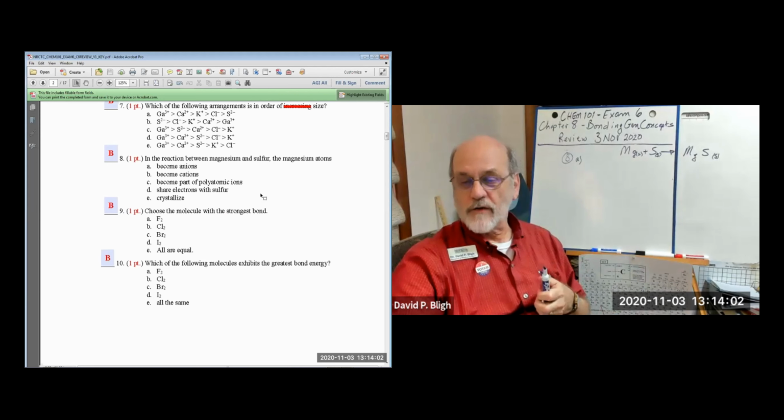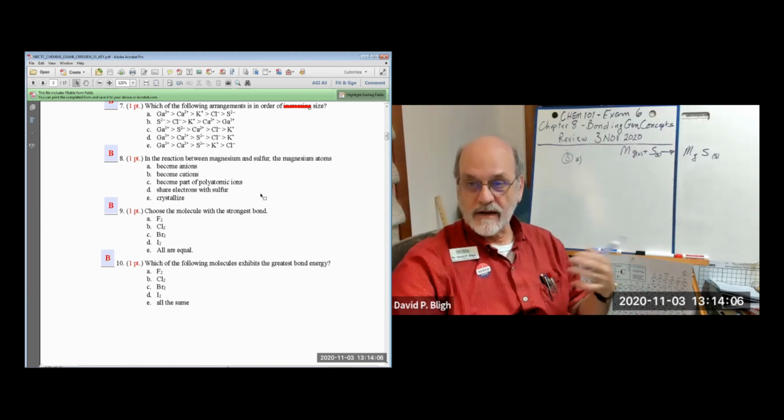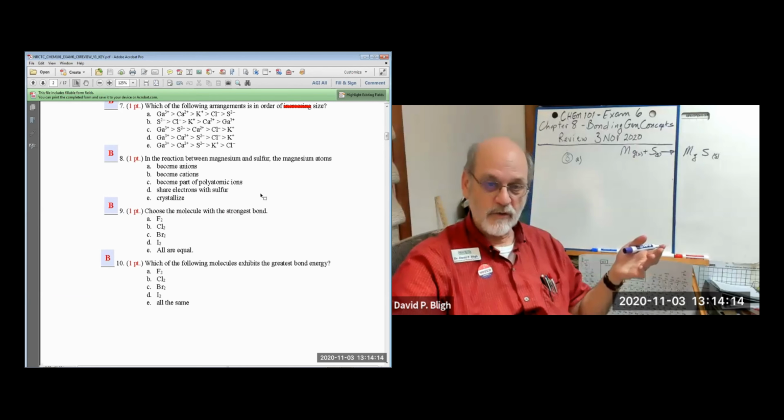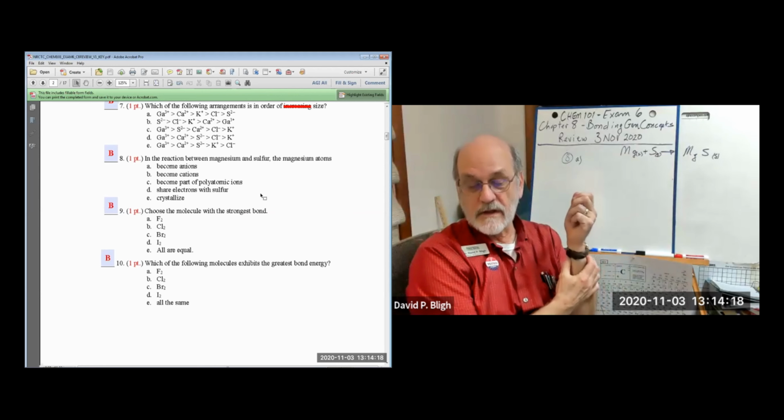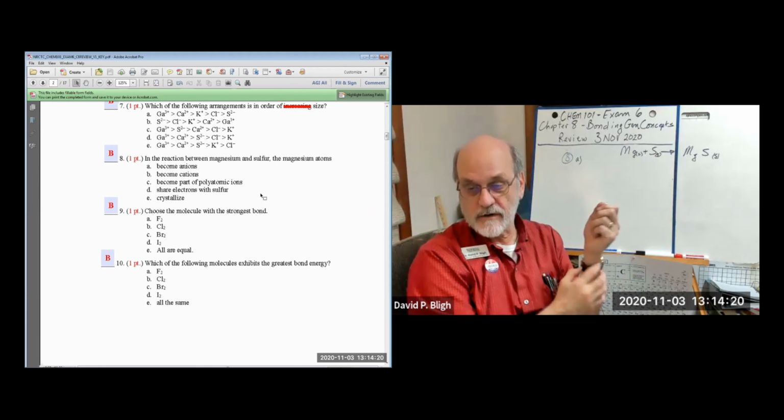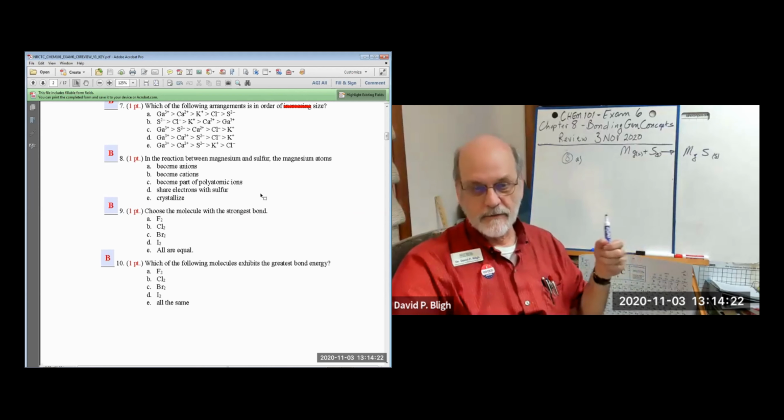Share electrons with sulfur? No. That would be a covalent bond, and metals and nonmetals do not form covalent bonds. There are winners and losers. Not to say that they're both not happy with the situation, but some lose electrons. The metals lose electrons, and the nonmetals gain electrons.